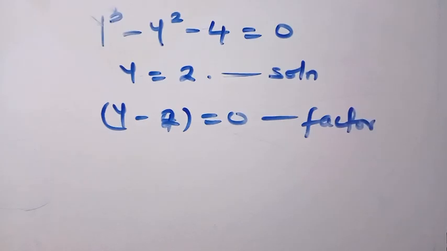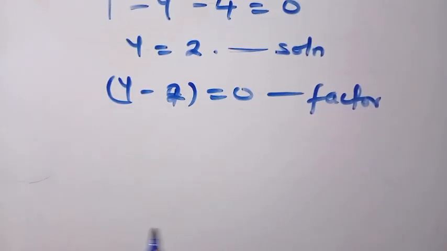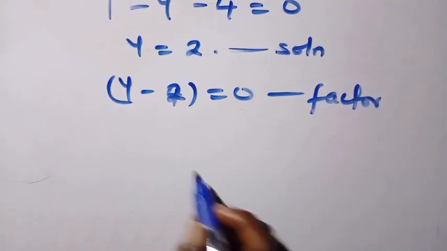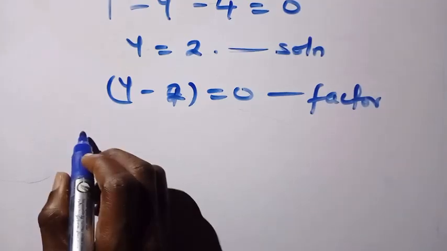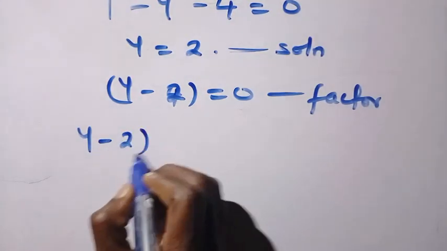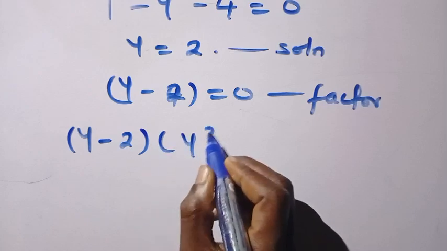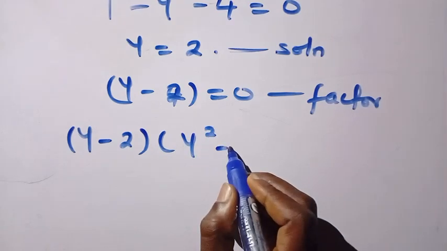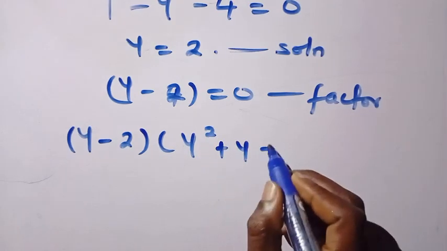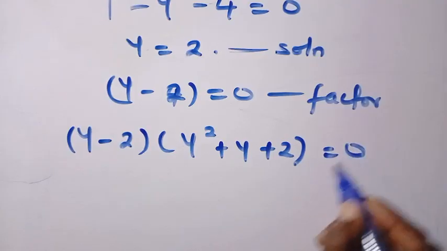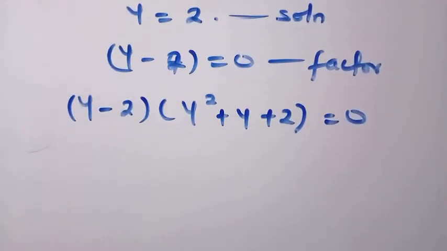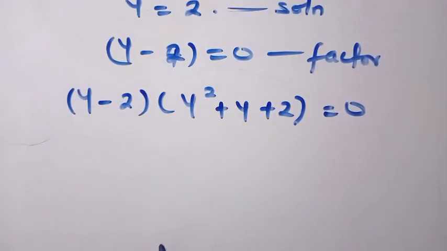Then to get the other values, we are going to apply the depressed equation. As opposed to writing the whole factor, which is y minus 2 multiplied by y squared plus y plus 2 equals 0. So this is everything, but let's show how we got this. It's very simple. Let's apply synthetic division.